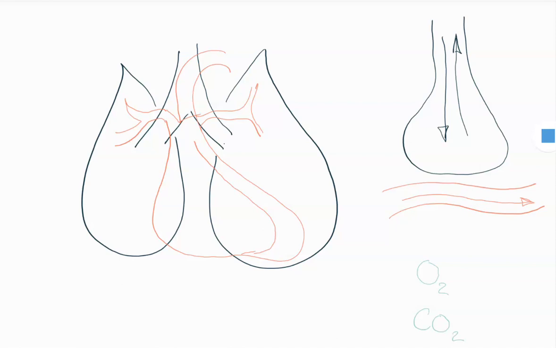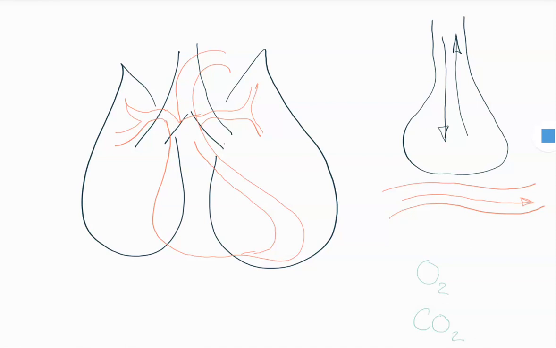When we're looking at carbon dioxide exchange, we need to think about the solubility of carbon dioxide. Carbon dioxide is a lot more soluble than oxygen and actually is transported just dissolved in the serum.